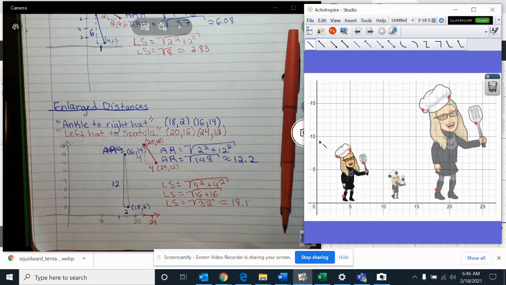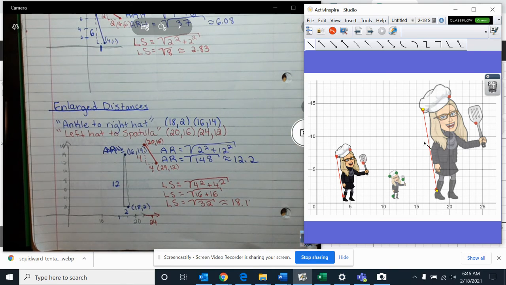And so if we looked at from the ankle to the right hat, we're looking at these two distances. And if they are enlarged, they should be according to our scale factor.